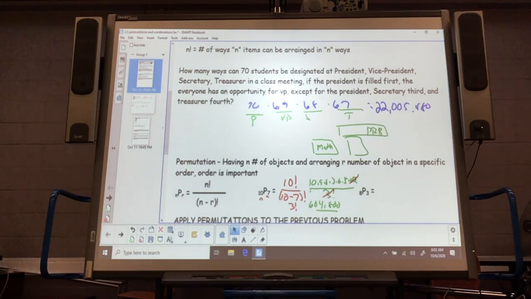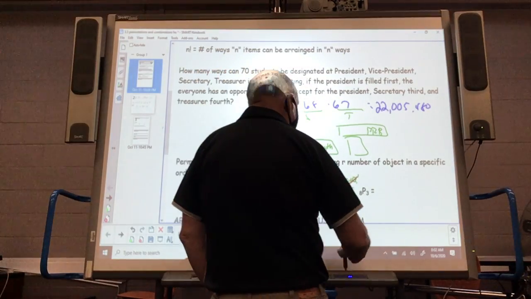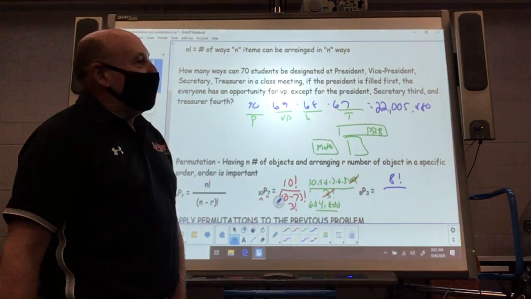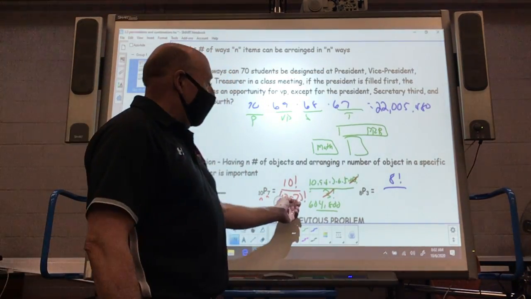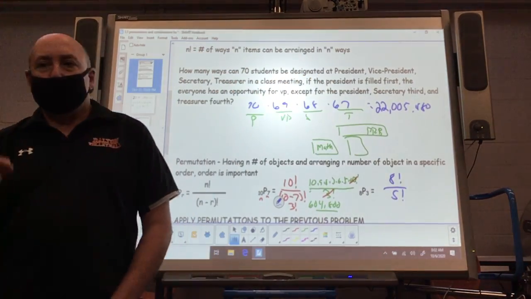Go ahead and calculate 8P3. Once again, you can do it either way. And hopefully you can do some mental math here. This is 10 minus 3, which is 5 on the bottom.